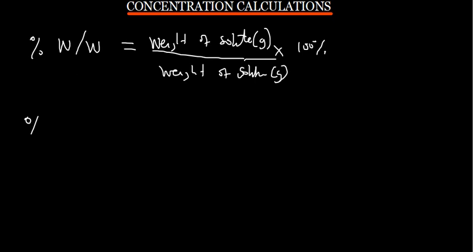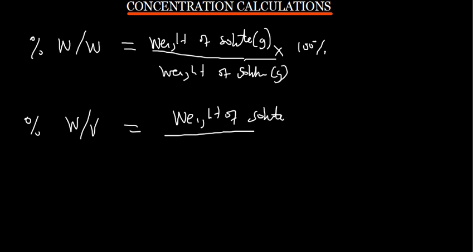You also have percentage weight by volume. Now percentage weight by volume is the weight of solute divided by the volume of solution, and then the answer you're going to multiply by 100%. So from here you can determine that there should also be percentage volume by volume.